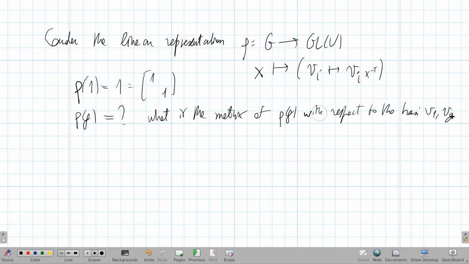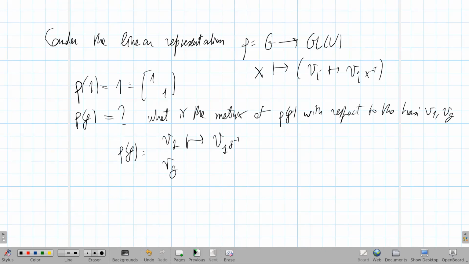The idea, of course, is simple: I take rho of g and I check where it sends V1 and where it sends Vg. So it's written here, V1 goes to V_{1·g^{-1}}, okay?